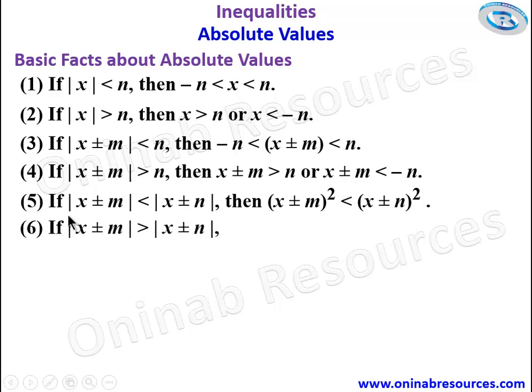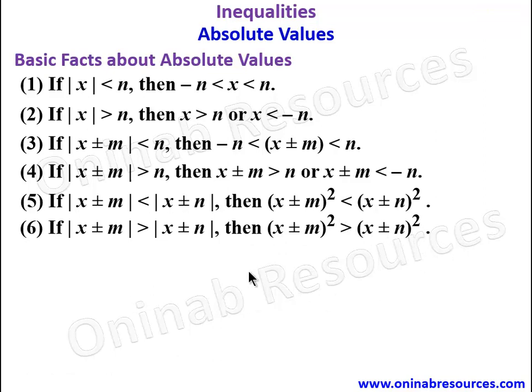And lastly, if absolute value of x plus or minus m is greater than absolute value of x plus or minus n, then (x plus or minus m) all squared is greater than (x plus or minus n) all squared. These are the facts we are going to explore in solving problems in this video.